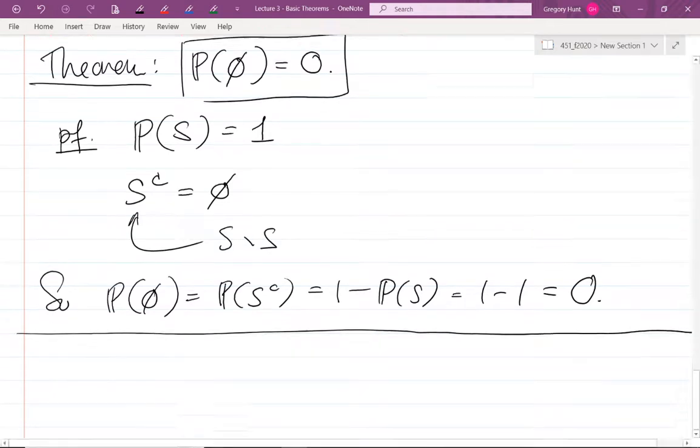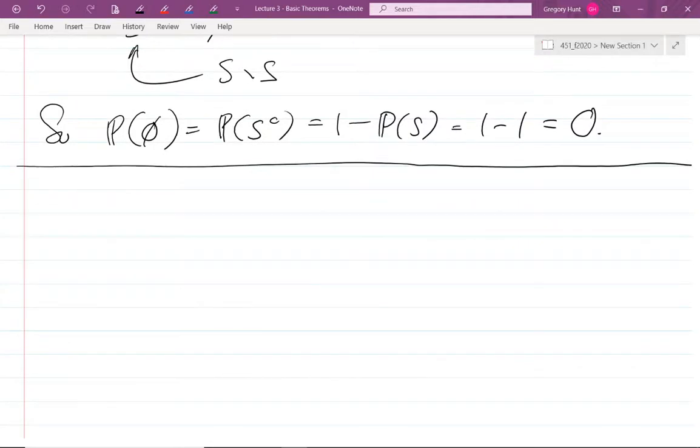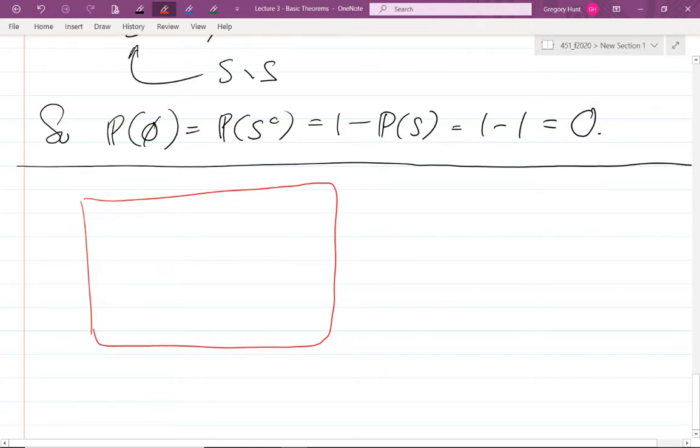Okay. So let's continue on with some basic results. And we're going to talk about a basic result here. It's not going to be immediately clear why this is useful, but this is a really useful law of probability. So I'm going to draw out a picture for you, and I'm going to do a kind of picture proof first. And then we're going to formally show that this is true. I'm going to have two events. An event E and some other event, let's call it F. So these are events in my sample space.